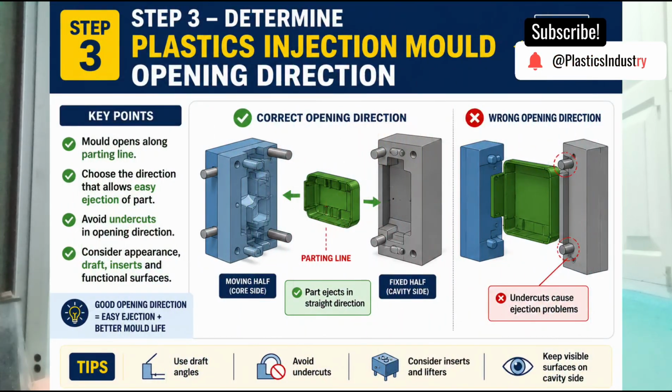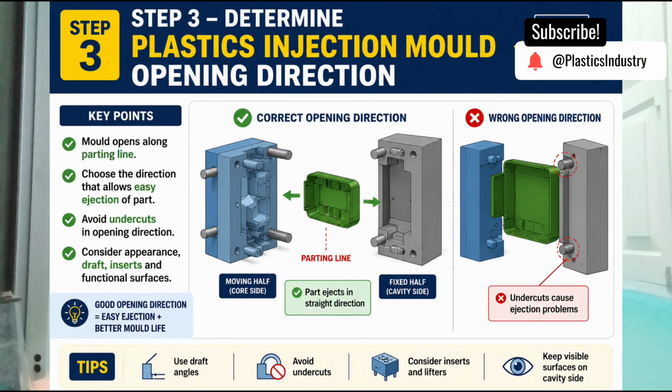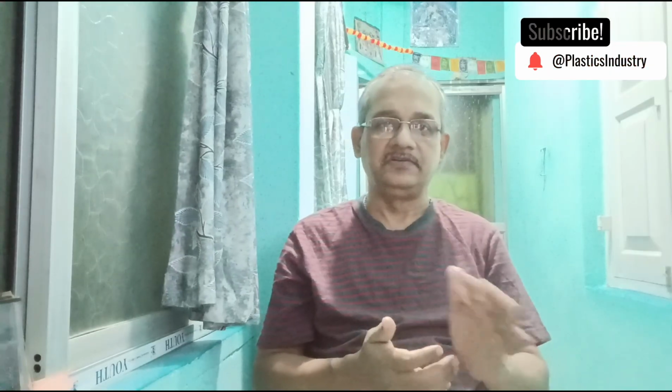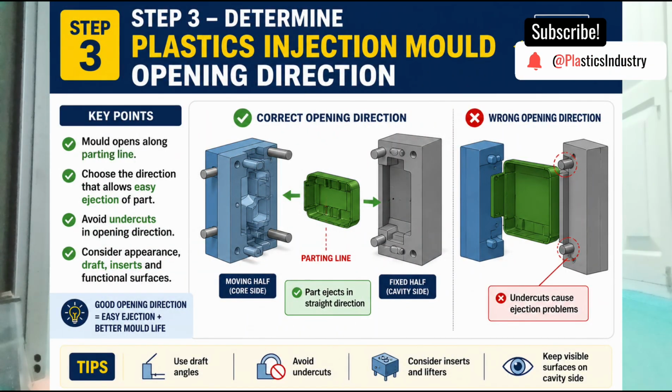Step 3. Determine mold opening direction. In injection molding, we have two mold halves, fixed half and moving half. Now we determine the mold opening direction. This is called the mold pull direction. The mold normally opens vertically. The designer must ensure that the part can be released from the mold without obstruction.